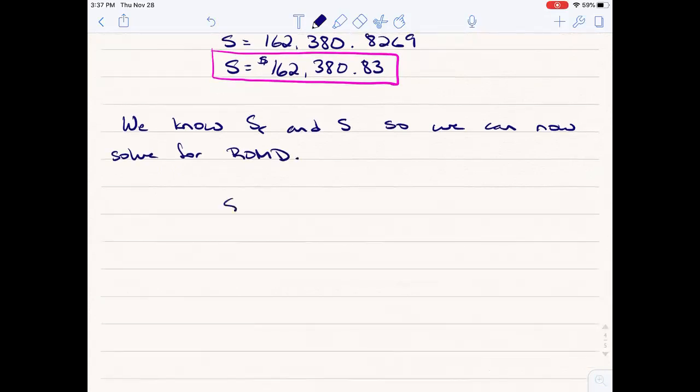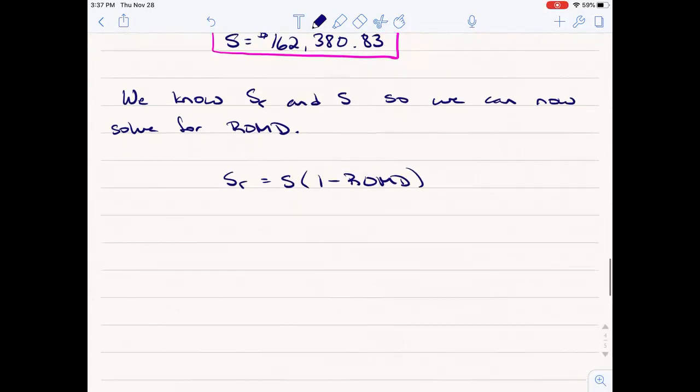Because we know that SR is S times 1 minus the rate of the markdown. The reduced selling price was $119,995. And the selling price was $162,380.83 times 1 minus the rate of the markdown.